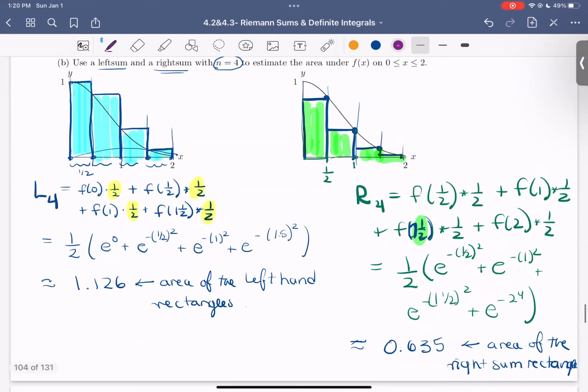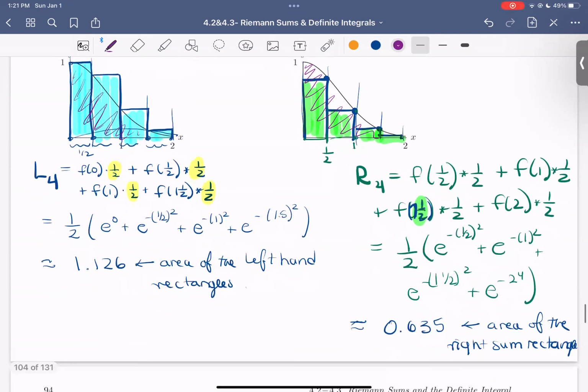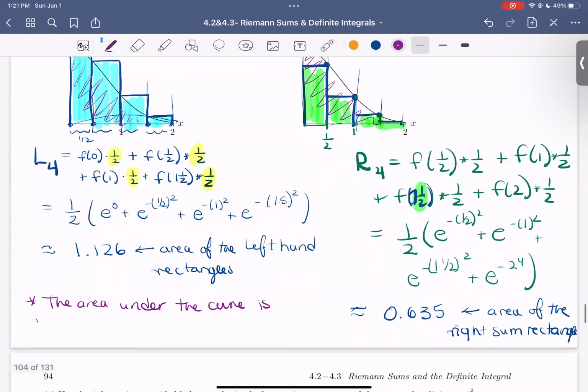We see, just looking at this picture, that the area under the curve is going to be smaller than our left-hand sum, but larger than our right-hand sum. So we can say the area under the curve is between 0.635 and 1.126.